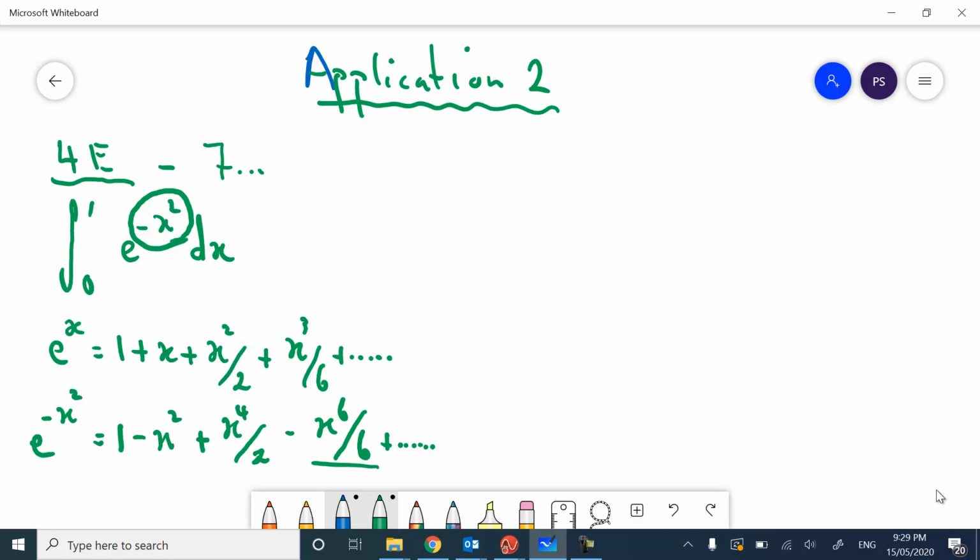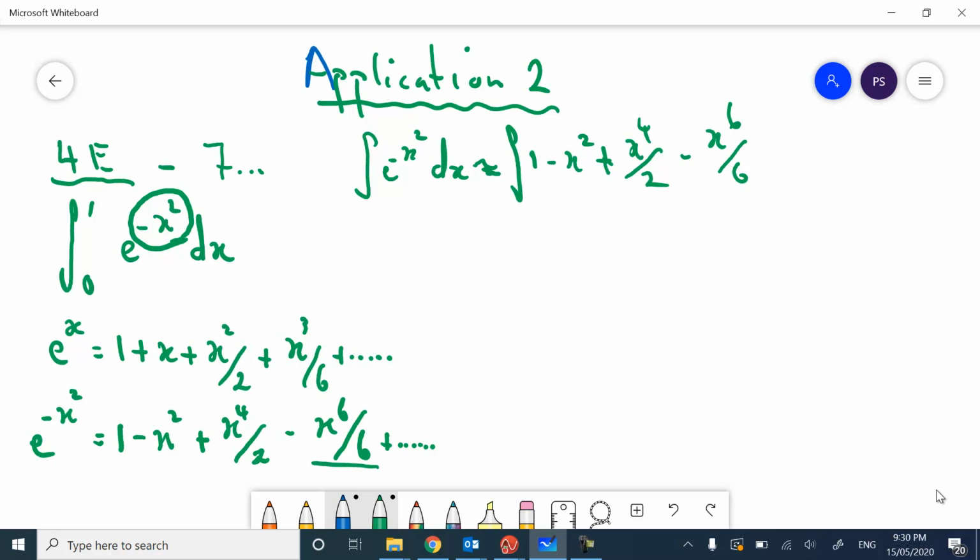So the integral of e to the minus x squared dx is approximately equal to, because we're only going to use the first few terms, the integral of 1 minus x squared plus x to the power of 4 on 2 minus x to the power of 6 on 6 dx. Now I only have to use up to an x to the power of 4 term, so I'm only going to integrate up to there.